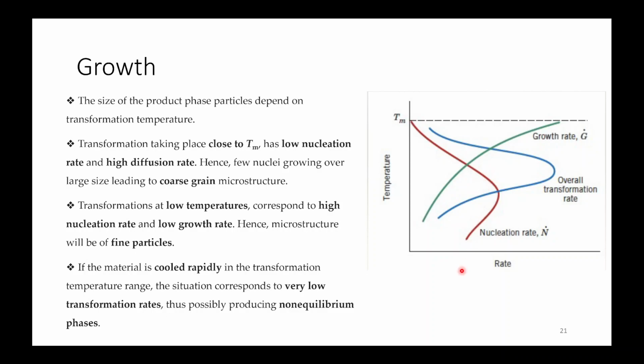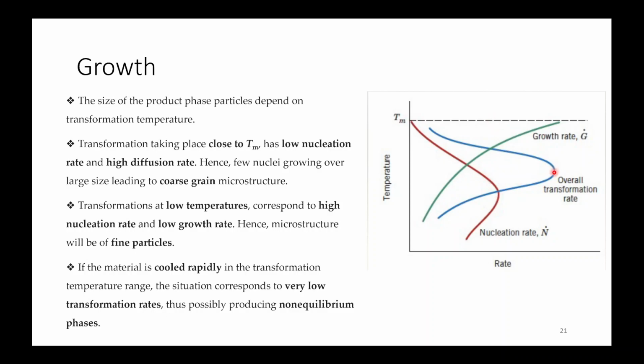So which one is more desirable? Actually, when the growth rate is increasing, then we will be getting larger microstructures in it. So it will be weaker. Yes, so it depends on what type of structure you want, right? If you want coarser structure, then you'll be providing less supercooling. If you want finer, then you'll be providing high undercooling.